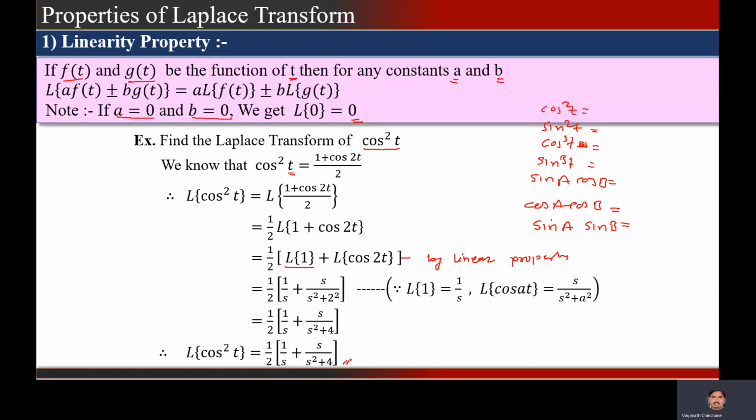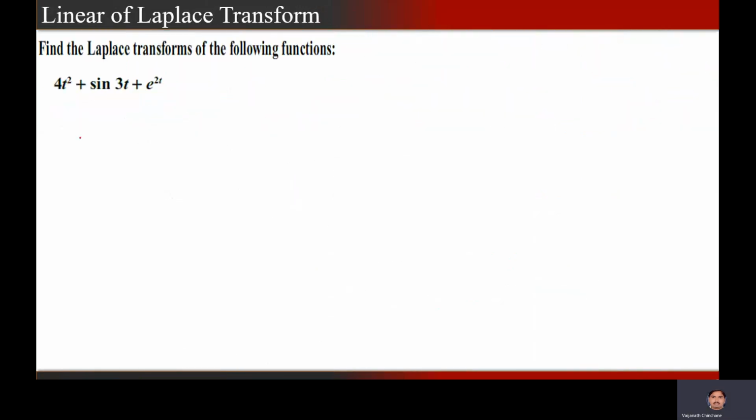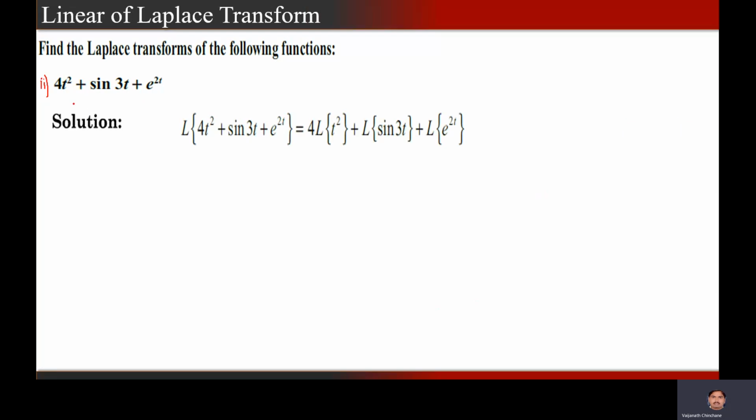Now students, we see another example, that is find the Laplace transform of 4t square plus sin 3t plus e raised to 2t. So first of all, taking Laplace on both sides, by using linear property we separate. Why do we separate?